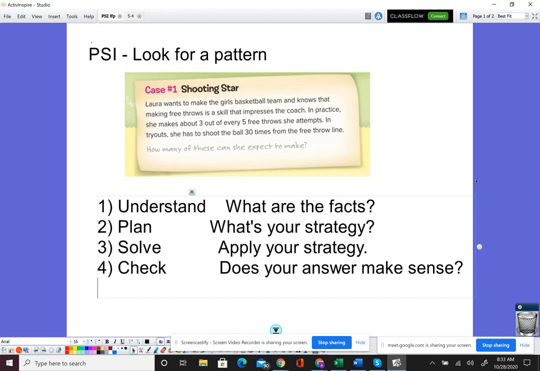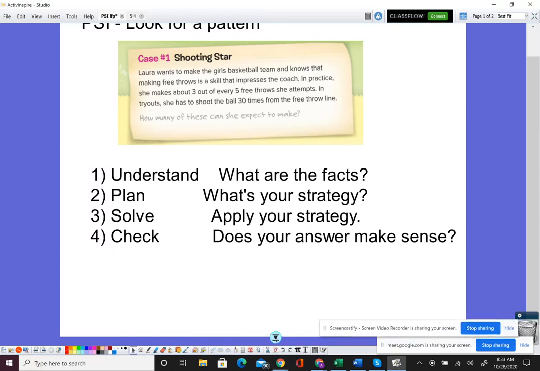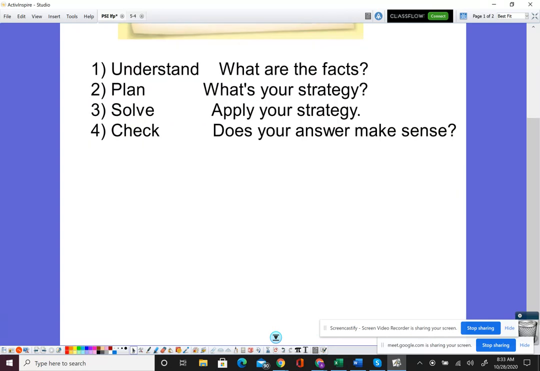So, the first step in solving this problem is identifying what we know. What are the facts? Is she a proficient free throw shooter? Oh, 3 out of 5. That's a 60%. It's above average.